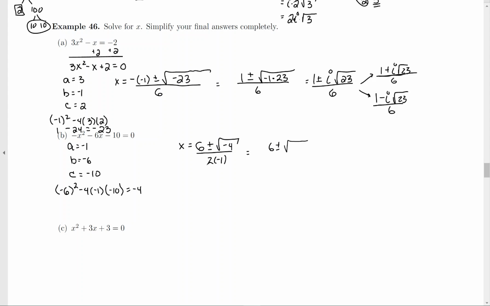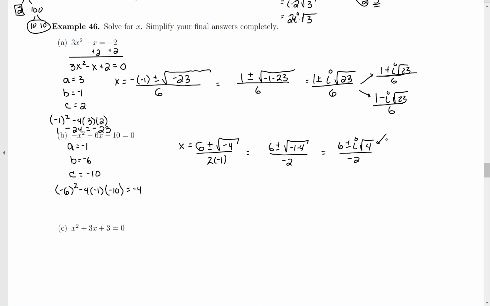So 6 plus or minus negative 1 times 4 under the radical symbol, divided by negative 2. 6 plus or minus, the square root of negative 1 is i, square root of 4, divided by negative 2.